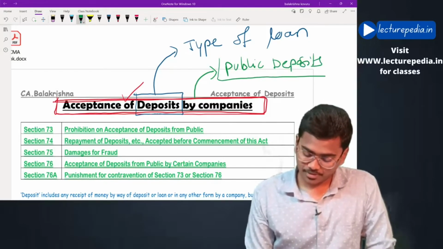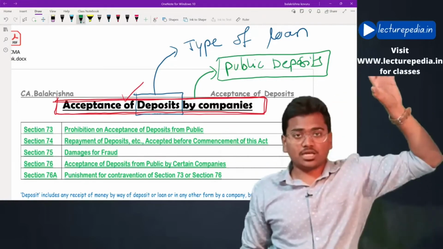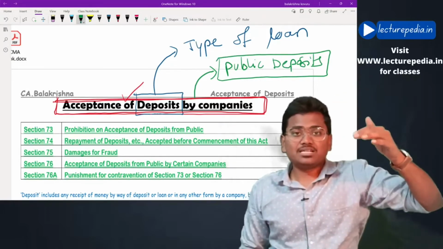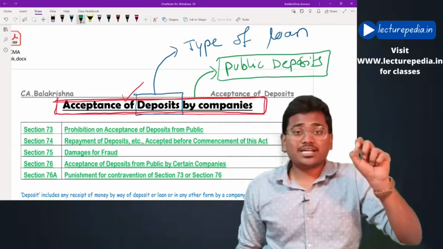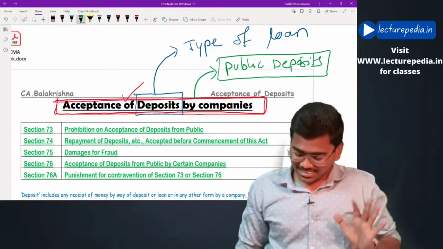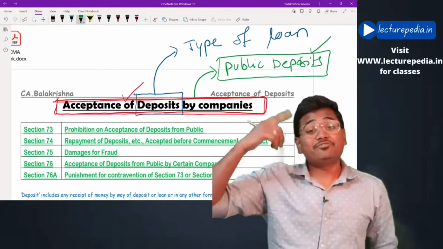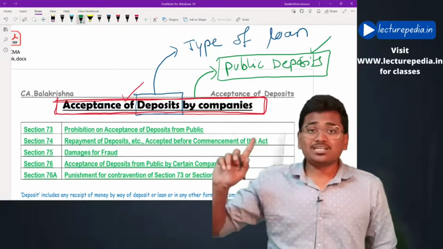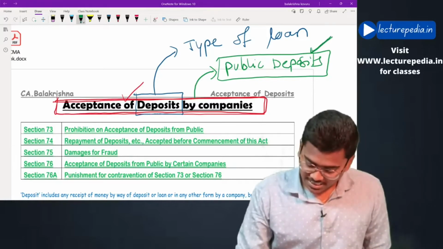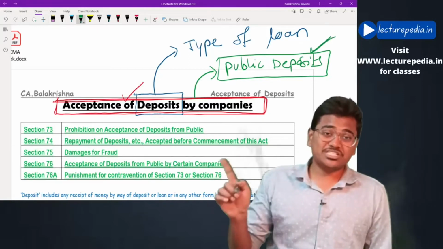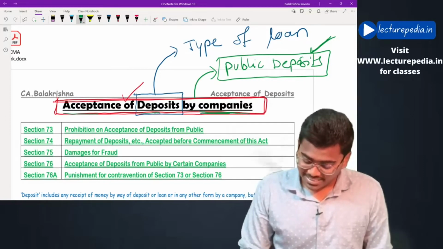In the Bare Act we have chapters, and the concept relating to deposits is under the chapter name public deposits under the 1956 Companies Act. In Companies Act 2013, this chapter name of public deposits has been changed to acceptance of deposit by companies.